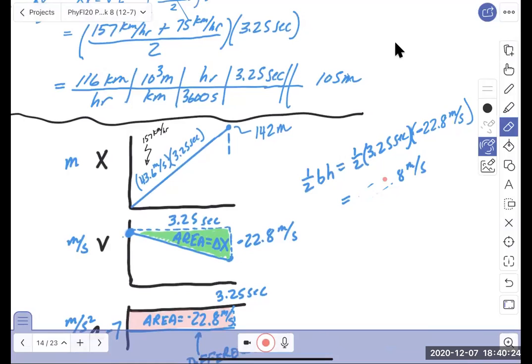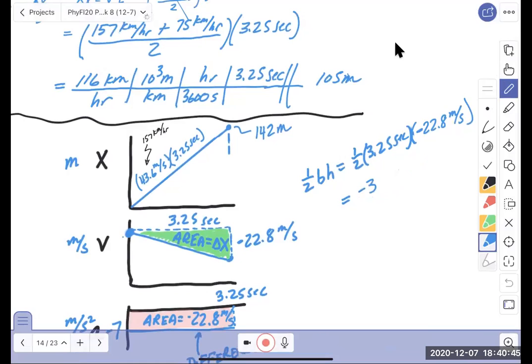Okay, 1/2 base times height is 0.5 times 3.25 times 22.8, which gives me negative 37 meters. So that's how much I lost due to that negative velocity, due to me slowing down. And so the actual final position is 142 minus 37, or 105 meters.